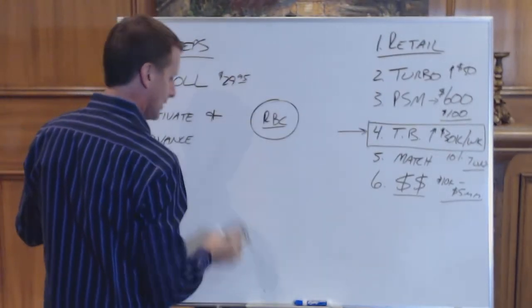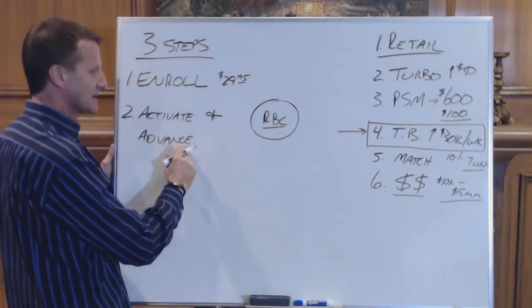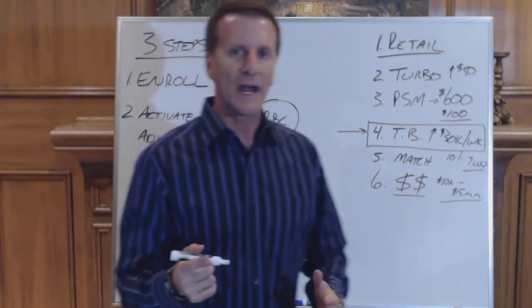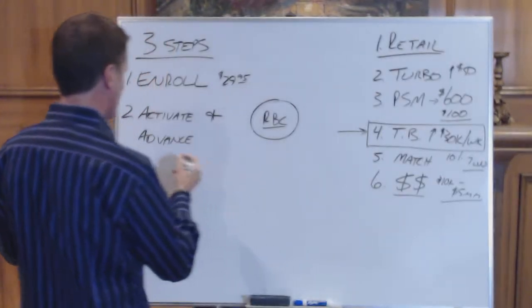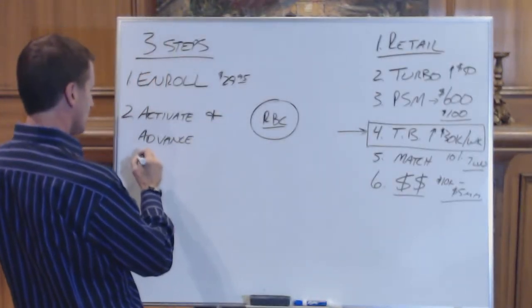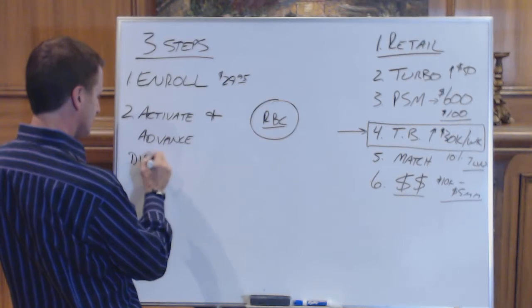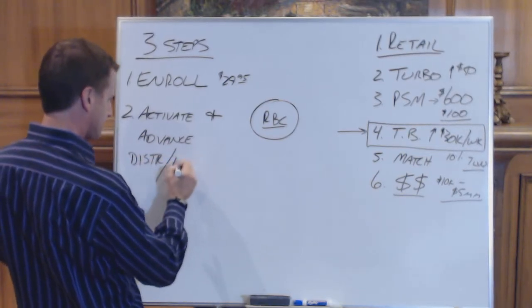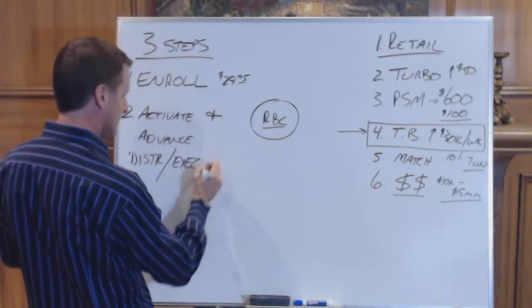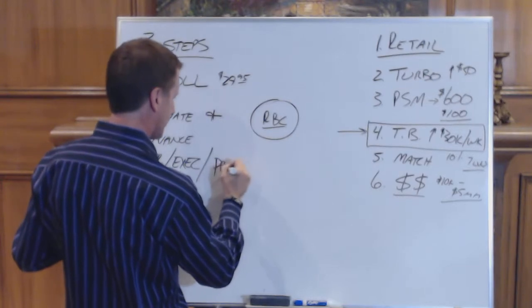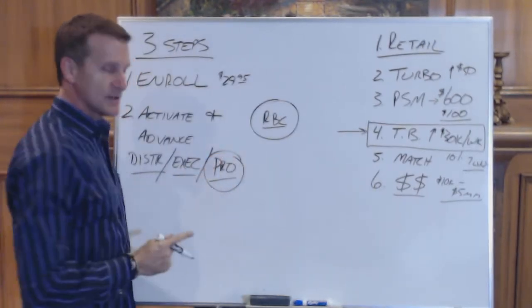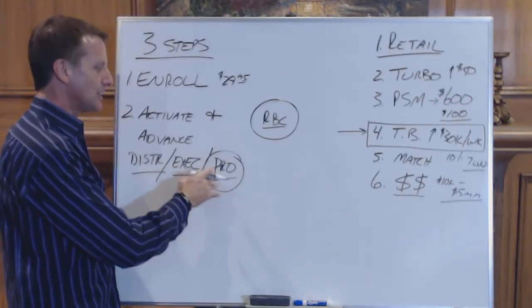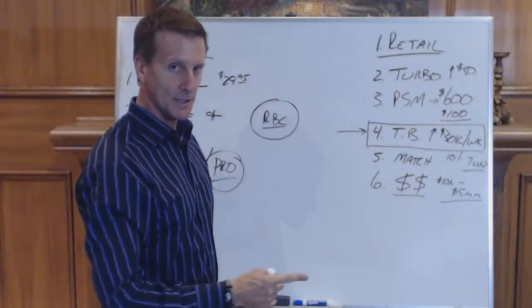However, then you want to advance to a commissionable rank. There are 3 initial commissionable ranks. Those 3 initial commissionable ranks are distributor, executive, and professional, okay? This is the one you want to focus on, but any of these are where you need to go in order to start earning team bonus.